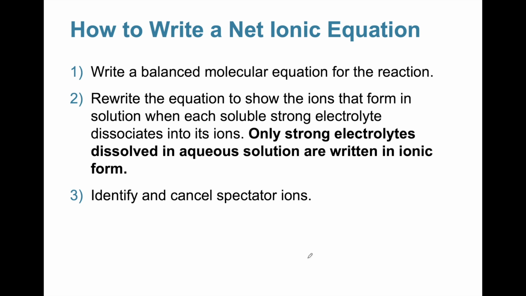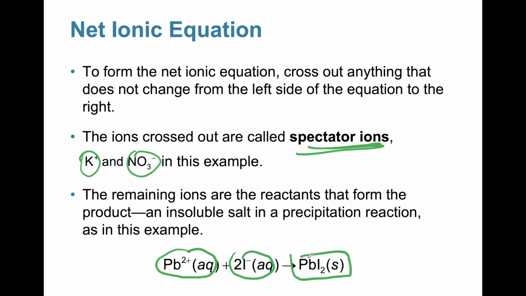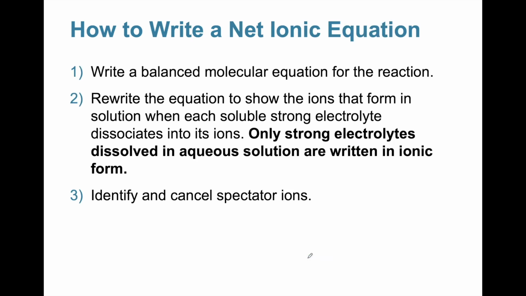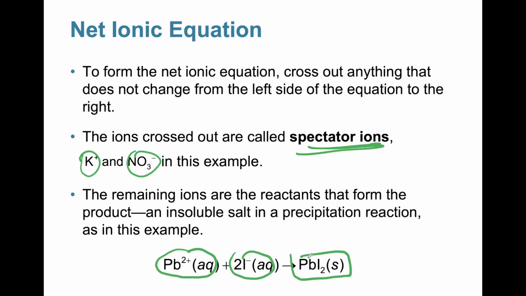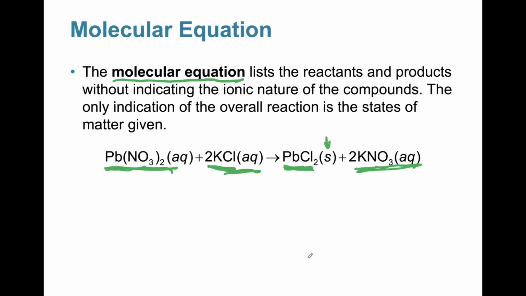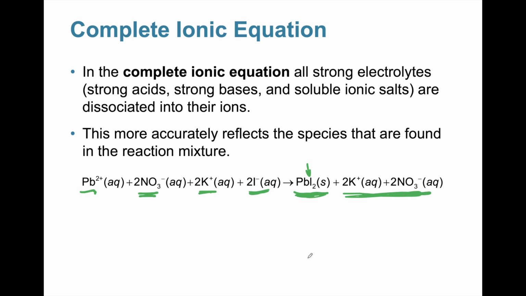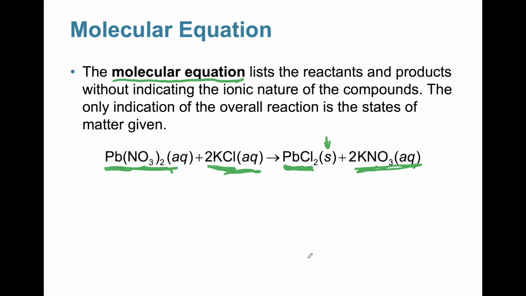All right, so this is easy, right? It says how to write a net ionic equation. We just did that right here. In a net ionic equation, all you do is write the ions that will form the precipitate. So in this reaction between lead nitrate and potassium chloride, that makes lead chloride and potassium nitrate, for example, we know that the thing that's going to be insoluble will be the lead chloride.